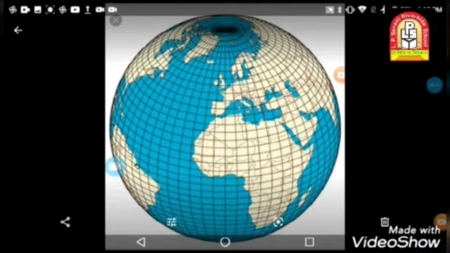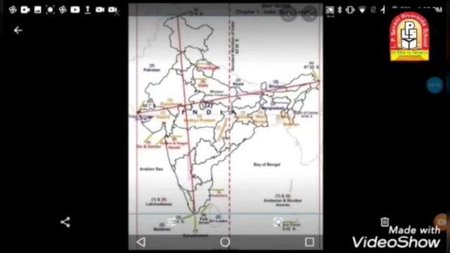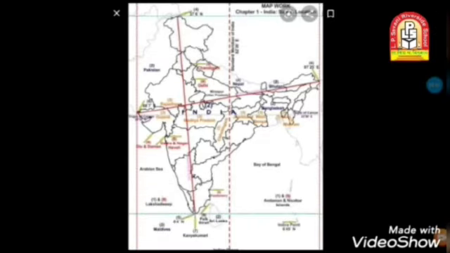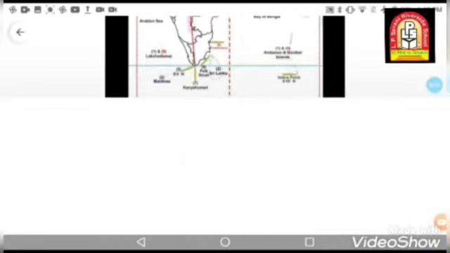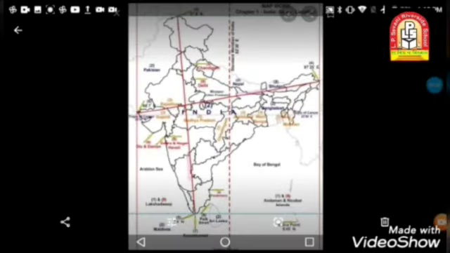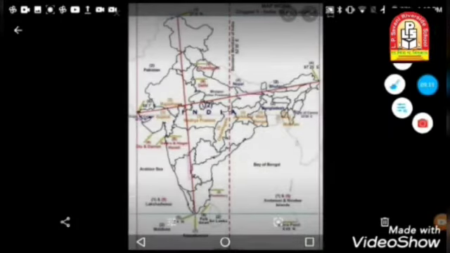Now with this picture I'm going to make you clear. Here we have a picture of India, and here I'm going to explain which is the standard. You can see first of all the clear line, which is the standard meridian, right? Now our India's extent means our India is this much long, right?